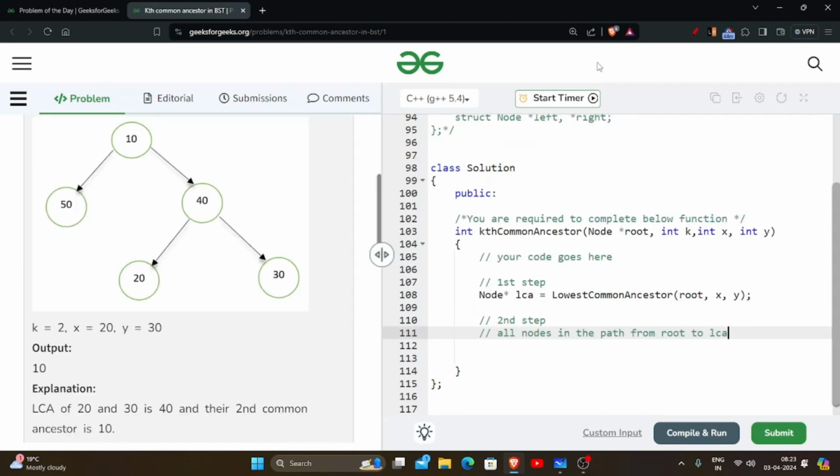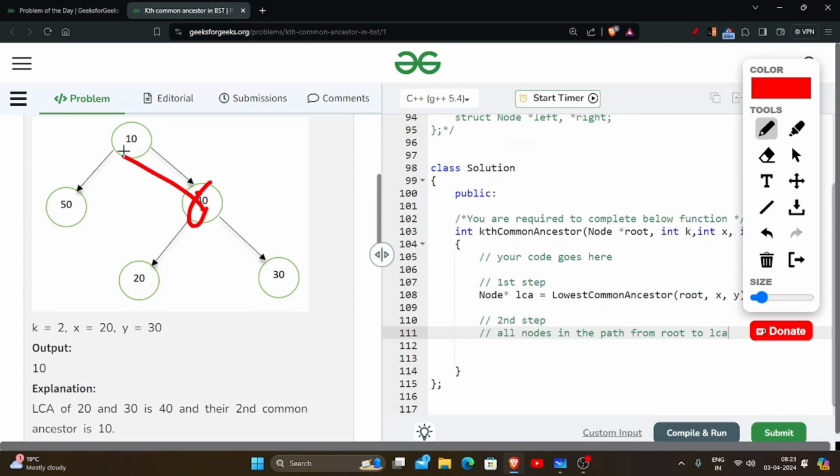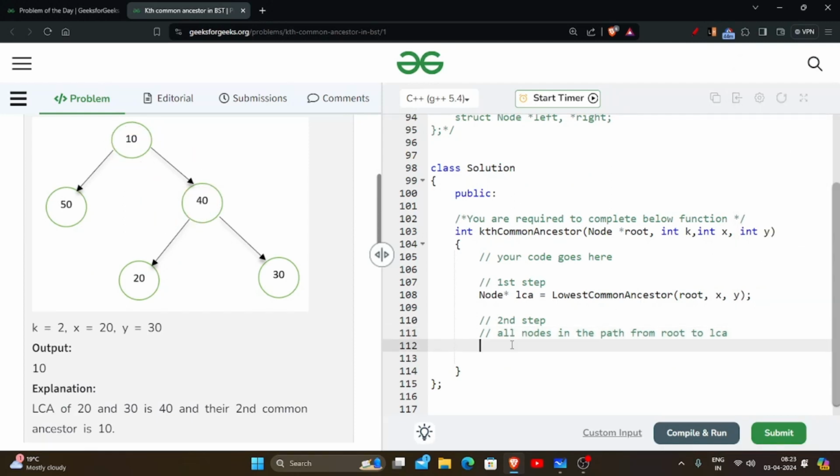Because if this is an ancestor, these have to be ancestors. So I need this path. Let's say I call a function here, get path, and I need to find it from root to LCA. So let's pass root and LCA, and also a path vector, which will help me in storing the path.